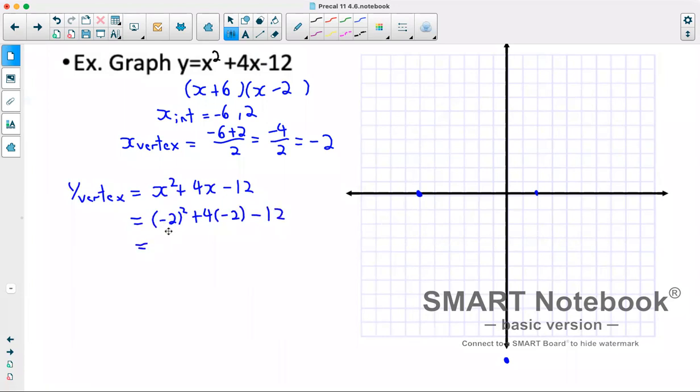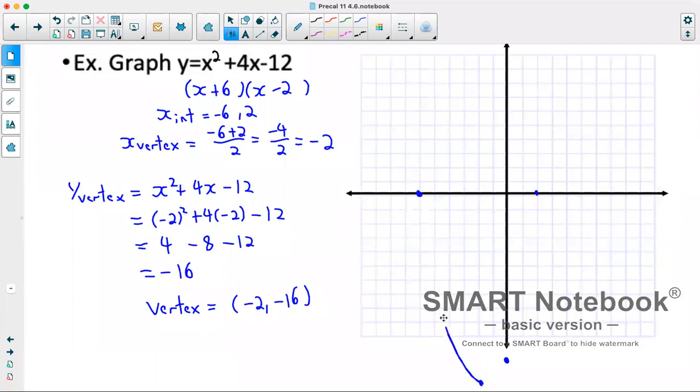That will give us 4 minus 8 minus 12, which will be -16. So our vertex is at -2, -16, down here somewhere. And once again, we've got our x-intercepts, our y-intercept, and our vertex, so we have enough information to graph our quadratic.